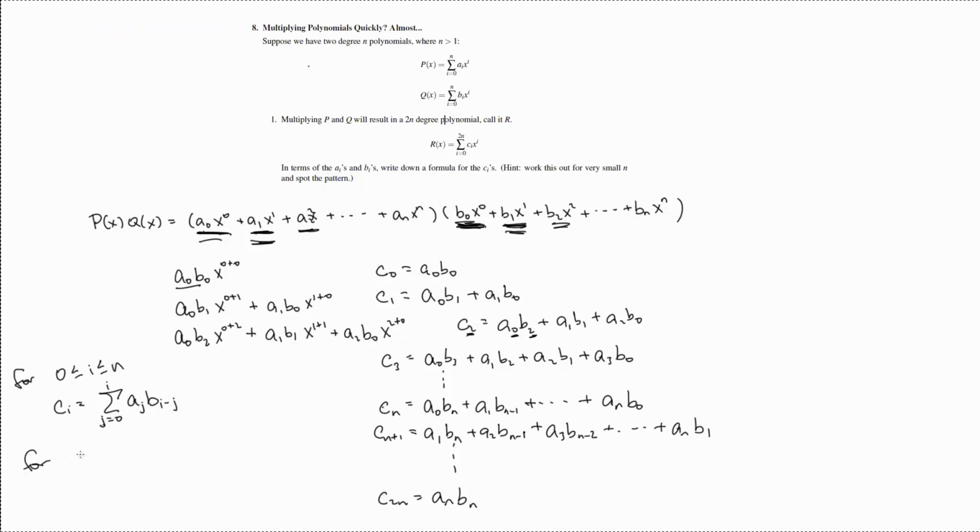Now for i between n and 2n, we have that ci is equal to the sum from j equals i minus n to n of aj times b sub i minus j.